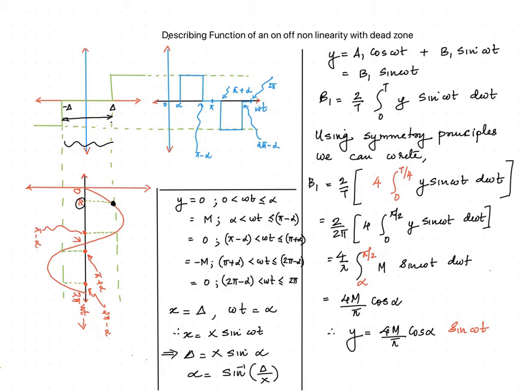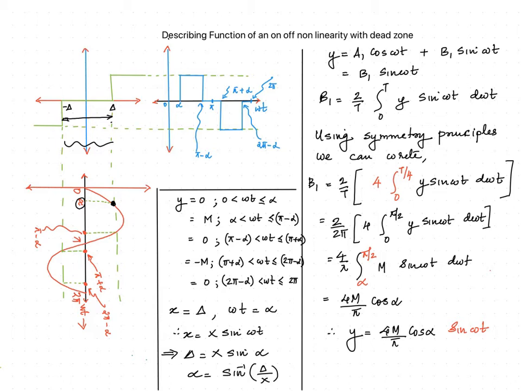And when the input magnitude is greater than delta, the output will be switched to a constant value, which is positive. Similarly, on the negative side also, when the input is less than minus delta, the output switches to a negative value, else the output is 0.